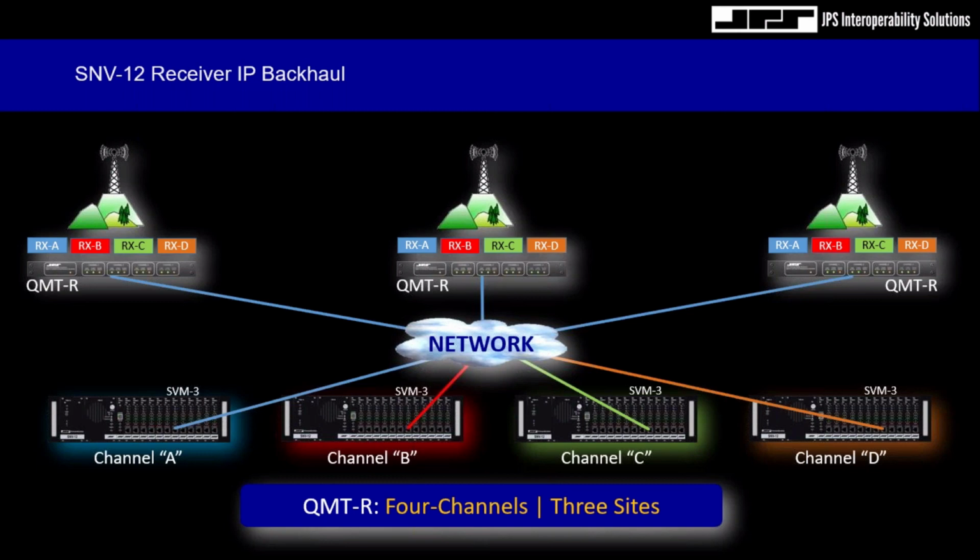And there are lots of numerical options in terms of channels versus sites, and we can certainly work with you to architect a system that is very hardware efficient. So give us a call if you're interested in talking about the variations in terms of hardware in a system such as this. Again, what's important is that the QMT-R is really very space and power efficient.